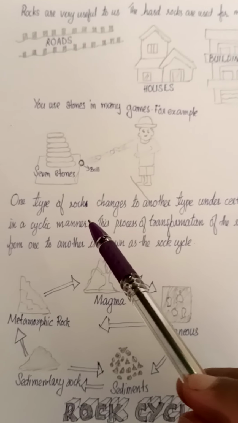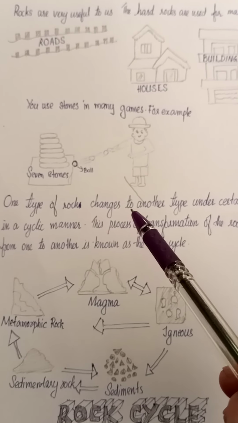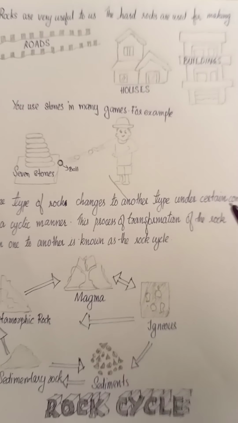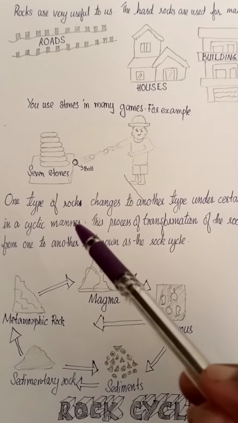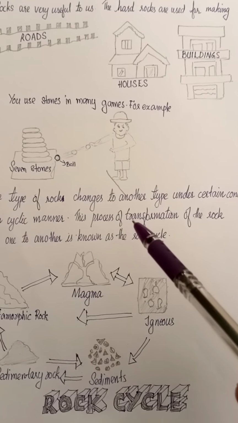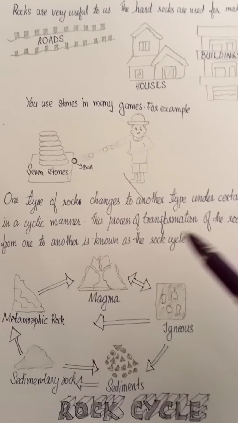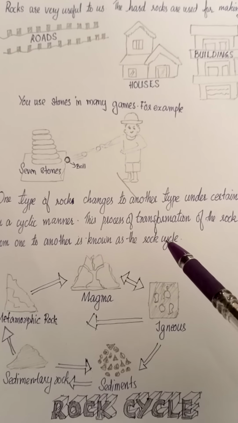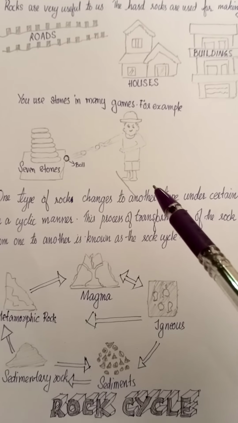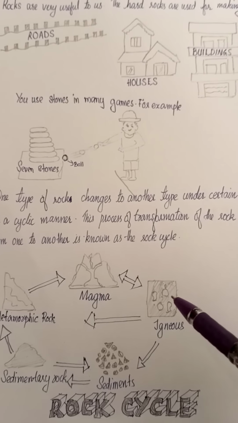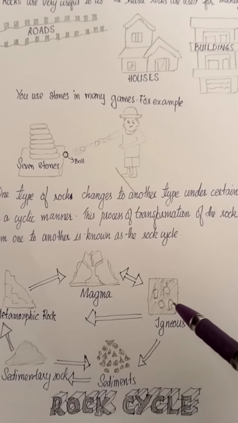One type of rock changes to another type under certain conditions in a cyclic manner. This process of transformation of rock from one to another is known as the rock cycle. For example, molten magma forms igneous rocks.